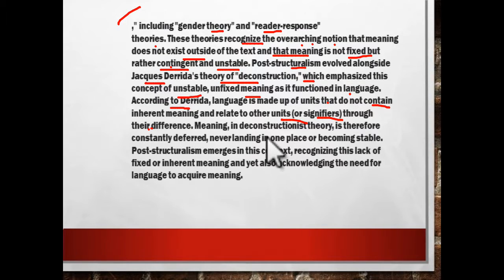Meaning in deconstructionist theory is therefore constantly deferred, never landing in one place or becoming stable. Post-structuralism emerged in this context, recognizing this lack of fixed or inherent meaning, and yet also acknowledging the need for language to acquire meaning.